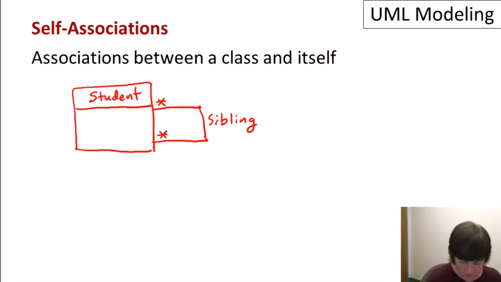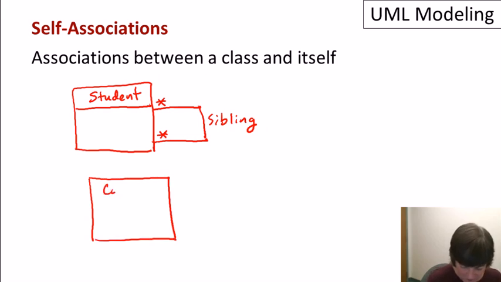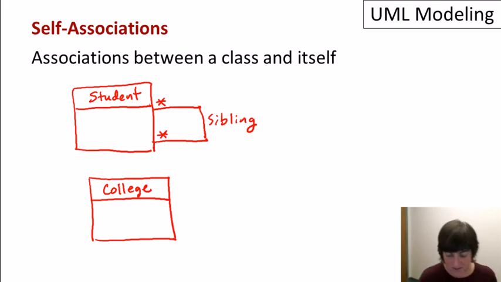A more interesting association might involve colleges where, say, we have for every college a flagship main campus, but then some colleges have separate branch or satellite campuses. So that would be an association between a college and itself, saying that one college is a branch of another college.